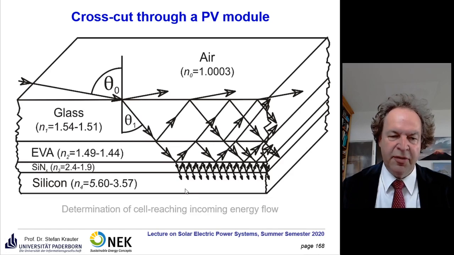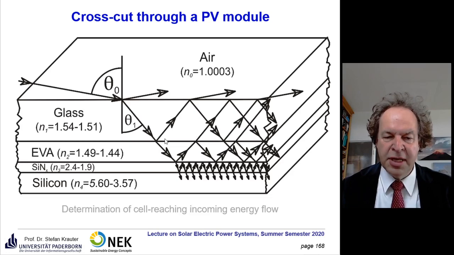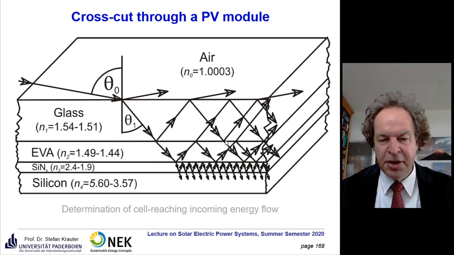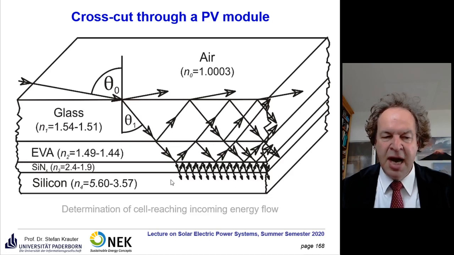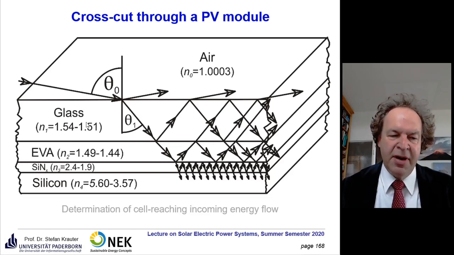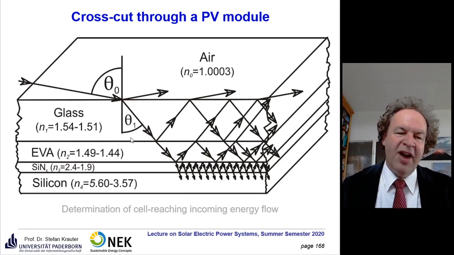Here you see the crosscut of a PV module. This is what I mentioned here. There's the different reflection on the top surface, but also on the interfacing surfaces within the module, and so this part is not completely lost. Some part may be re-reflected and could still enter the silicon. This depends very much on the refractive index of the materials used.